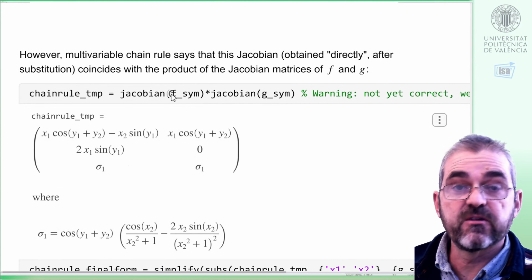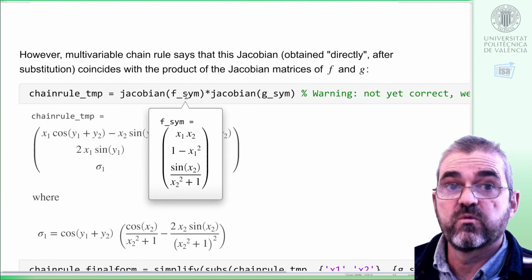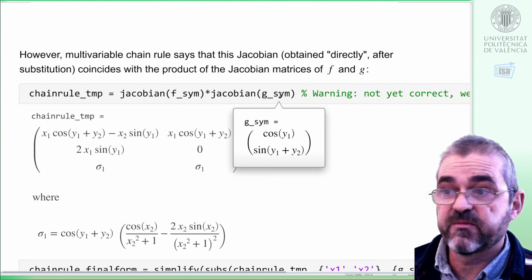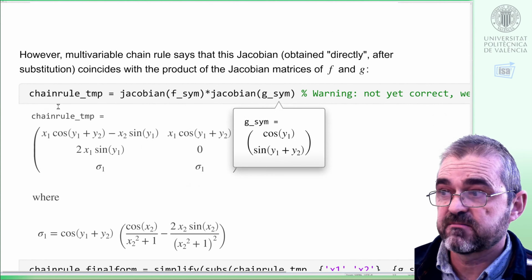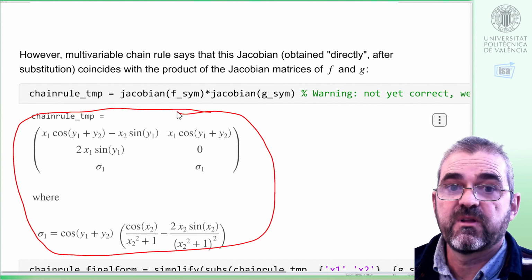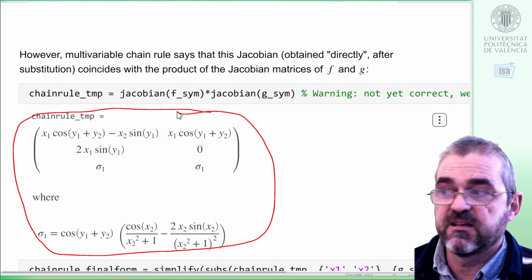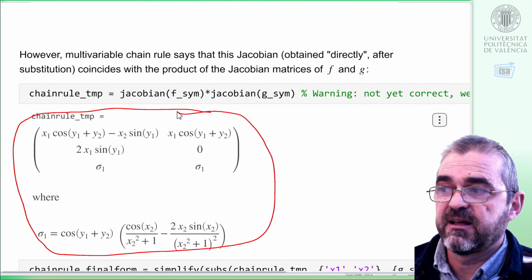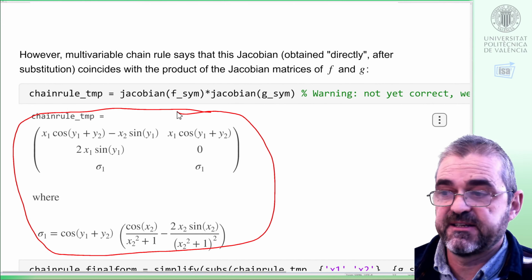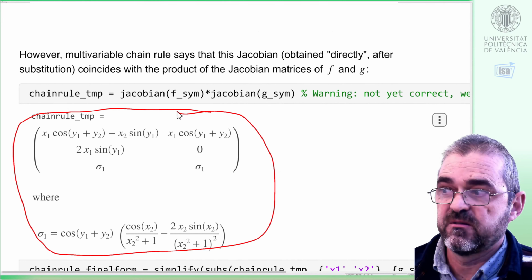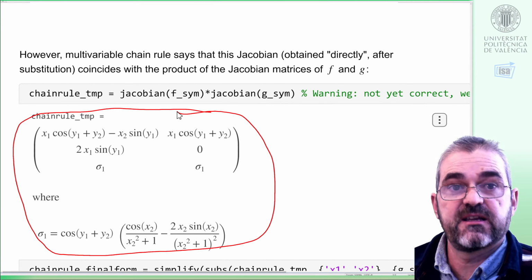The product of the Jacobian of f, which is this stuff, and the Jacobian of g, which is this stuff, is this matrix. However, we see that there is a problem. I mean, the chain rule result has 4 letters in it. It depends on y1, y2, as expected, but also on x1 and x2.